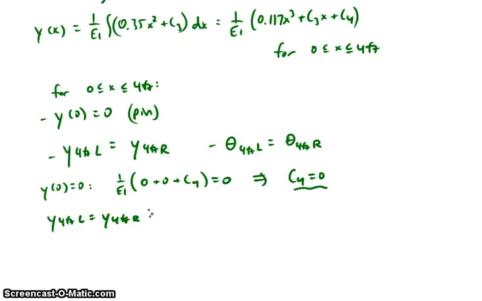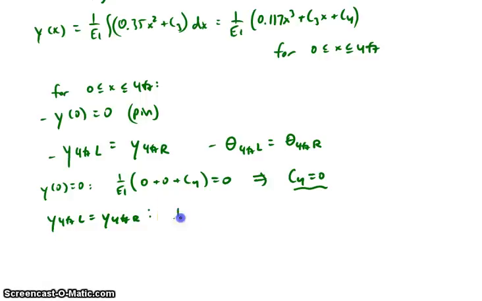For this, we need to recall what our final displacement equation was on the right segment, from 4 to 10 feet, and set that equal to what we just recently solved for as far as deflection that's valid between 0 and 4 feet.